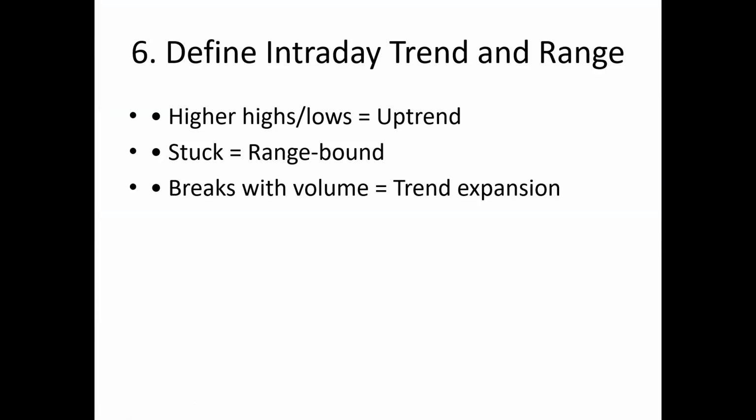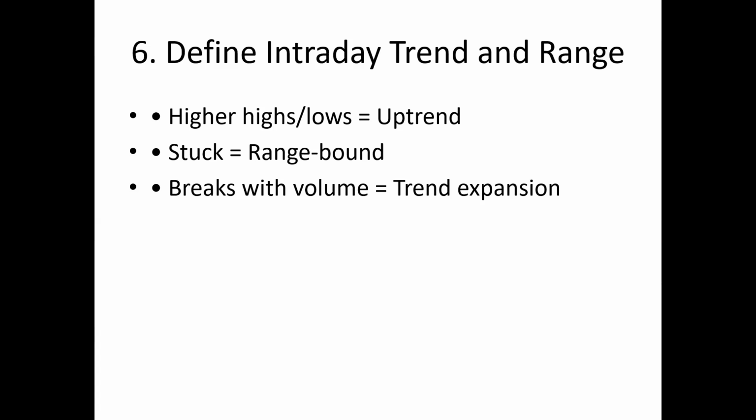If higher highs and higher lows are formed, that is an uptrend. If it is stuck within the range, that's what happened in, which stock was it? I think it was stuck inside the range in Asian Paints.